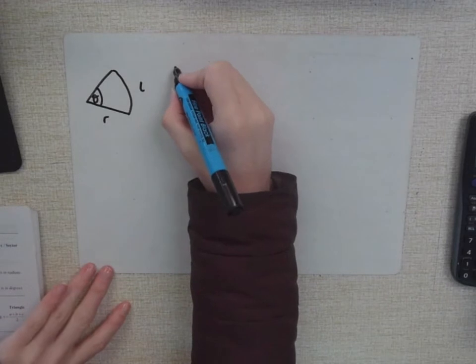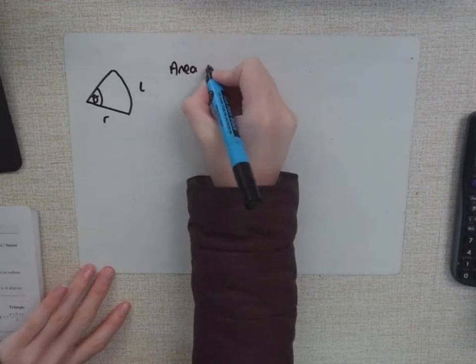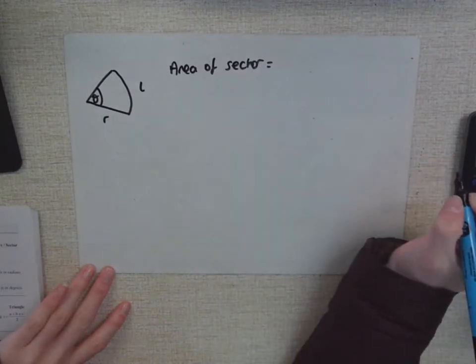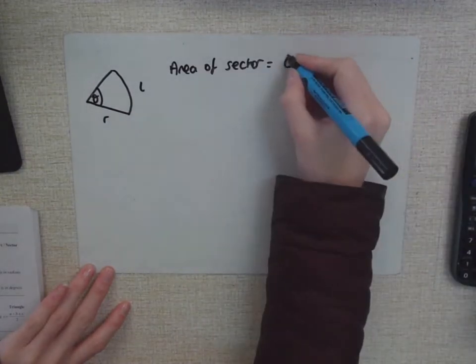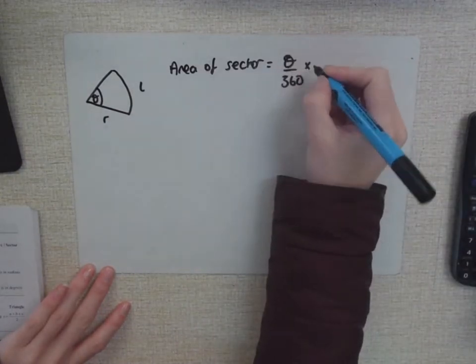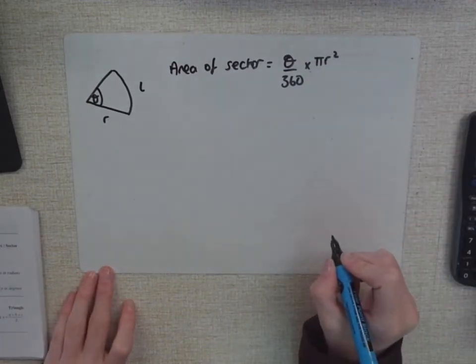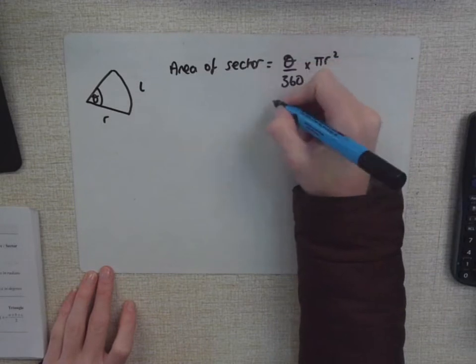So if we wanted the area of a sector, can you remember what it is? It was theta over 360 by the area, pi r squared. That's in degrees.